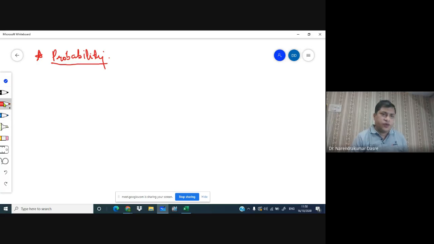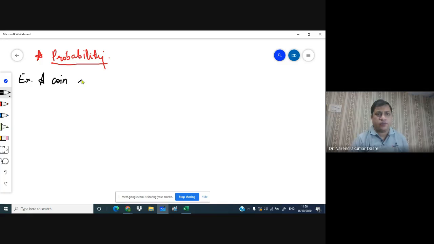So we go with the example. A coin. When we consider a coin, we always consider a fair coin unless it is mentioned that it is biased. So this is a fair coin.